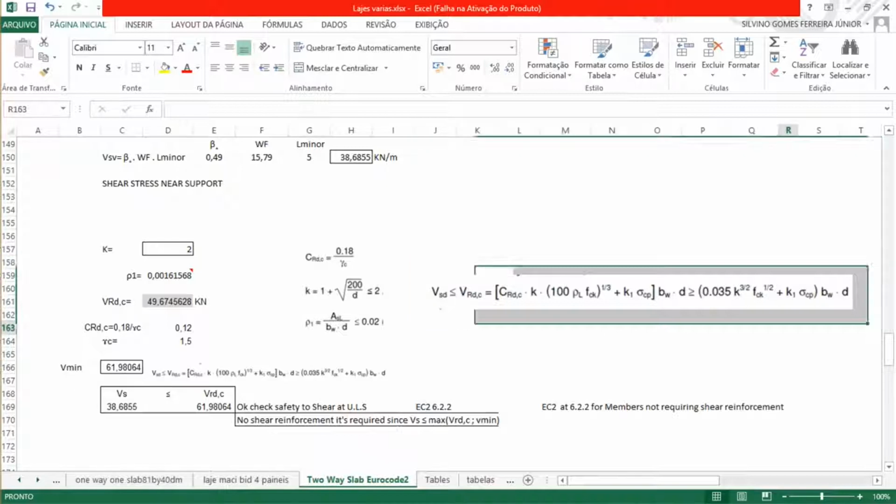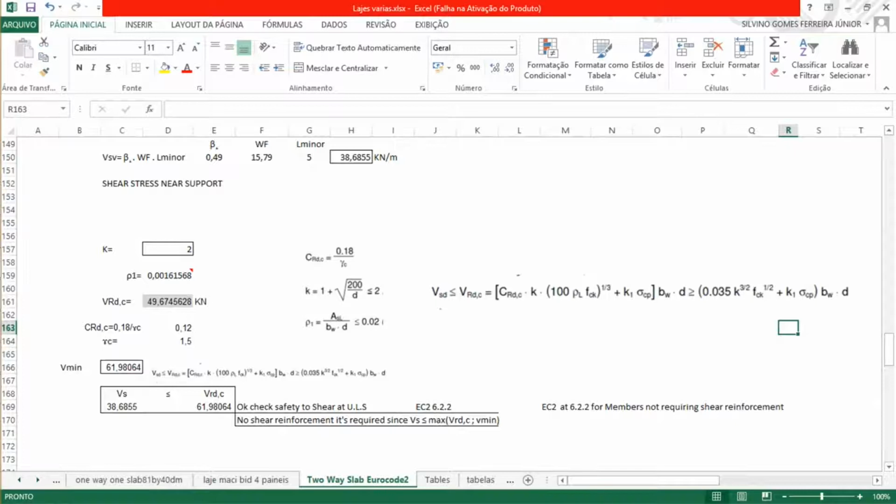Of course, this K1 will be 0, because we don't have axial force or prestressing. So here on the expression this will be 0 and here will be 0. We just need to get other values. This K will be equal to 2.